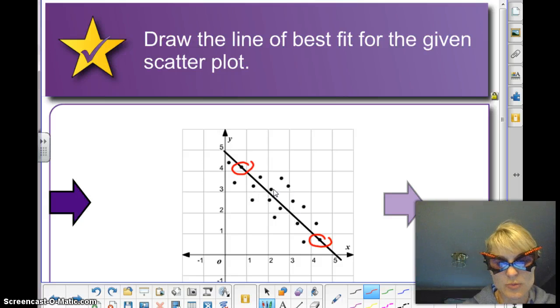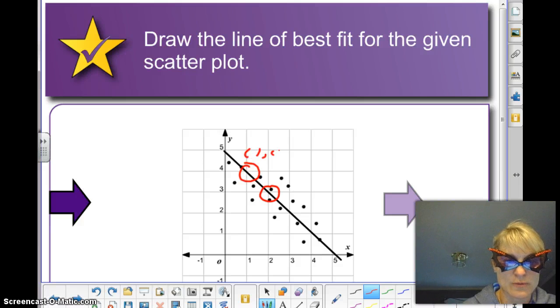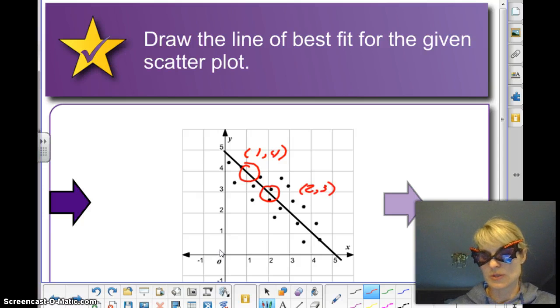I could use these 2 points, but I can really use any point on this line, right? So I might even not use those 2 points. If I look, it clearly goes through this right here and this right here, and those would be way easier points to use. That's 0, 14, and this is 0, 23.